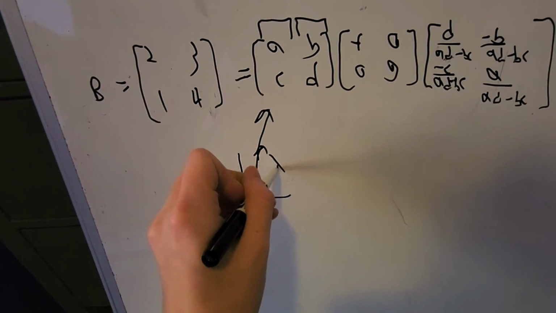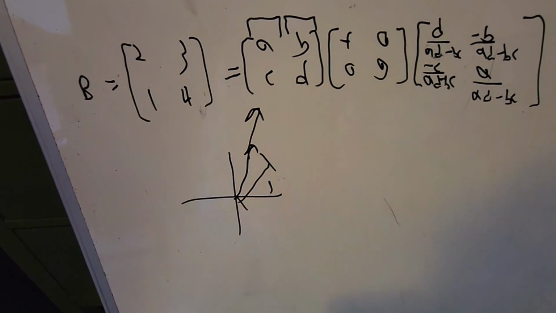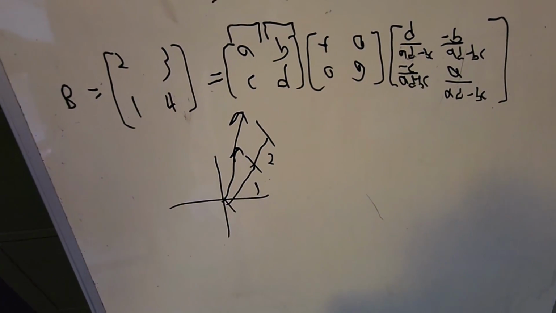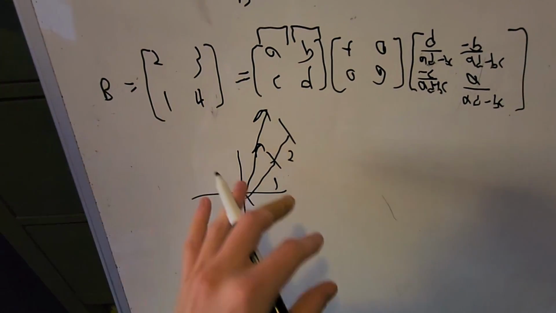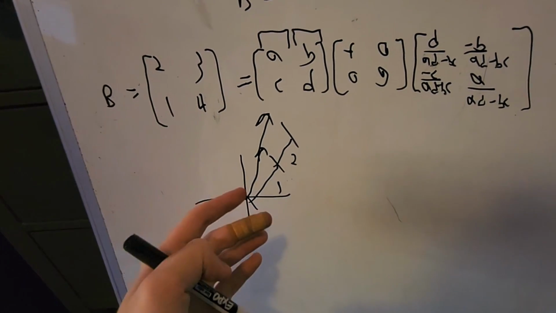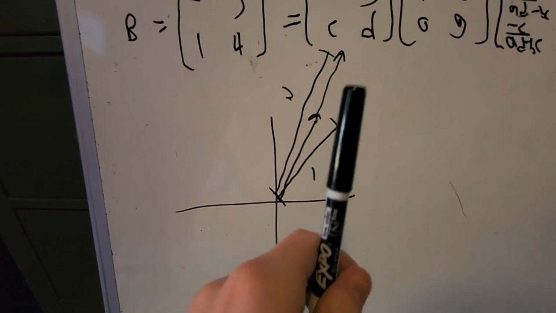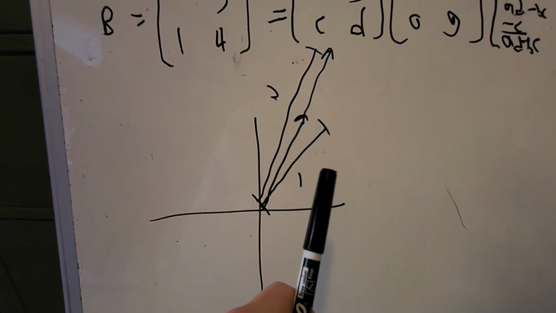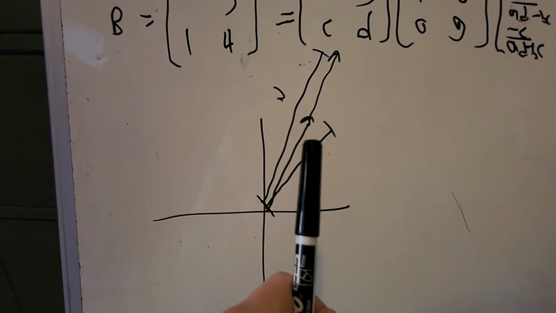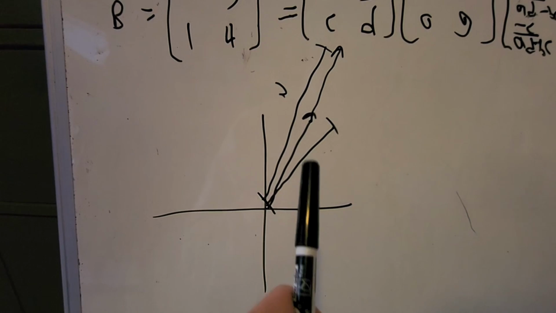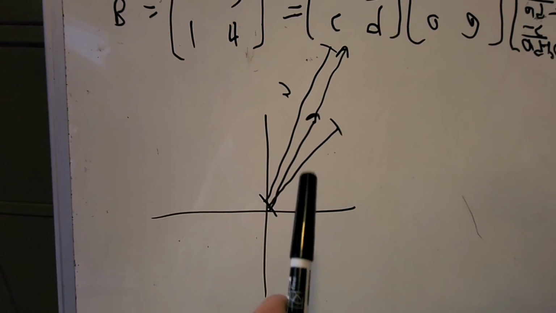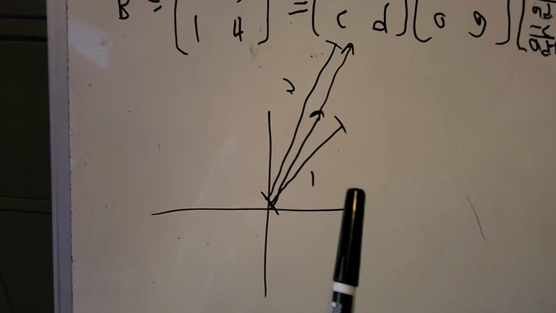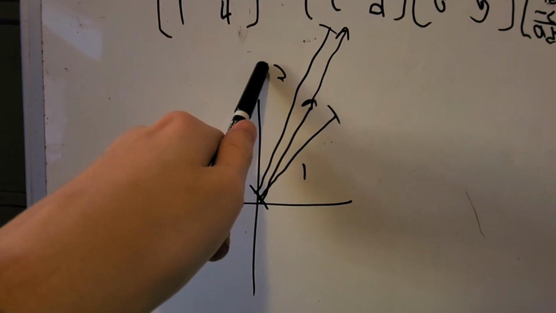So if this had length 1, so new length is 2. It didn't rotate it at all. It didn't shear it, just scaled it. If a vector is only scaled by a transformation, then it is an eigenvector of that transformation. And its eigenvalue is how much it is scaled by.